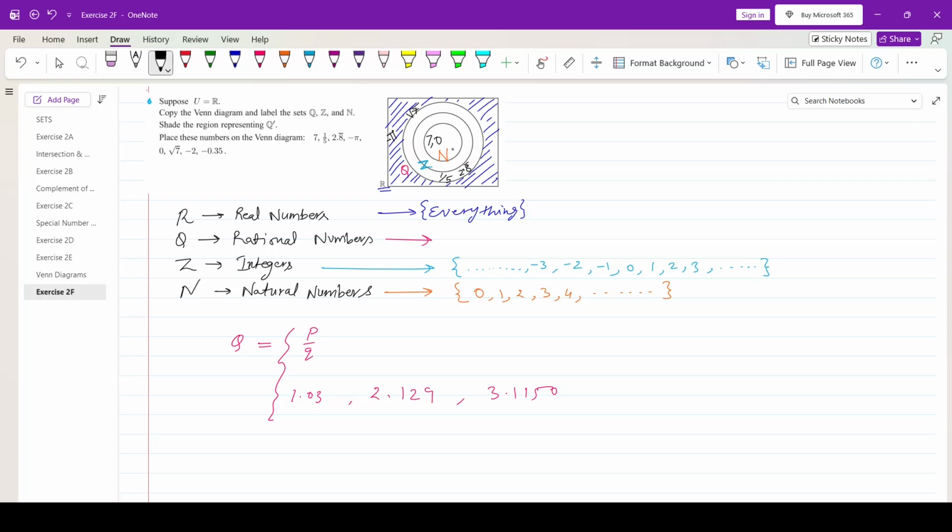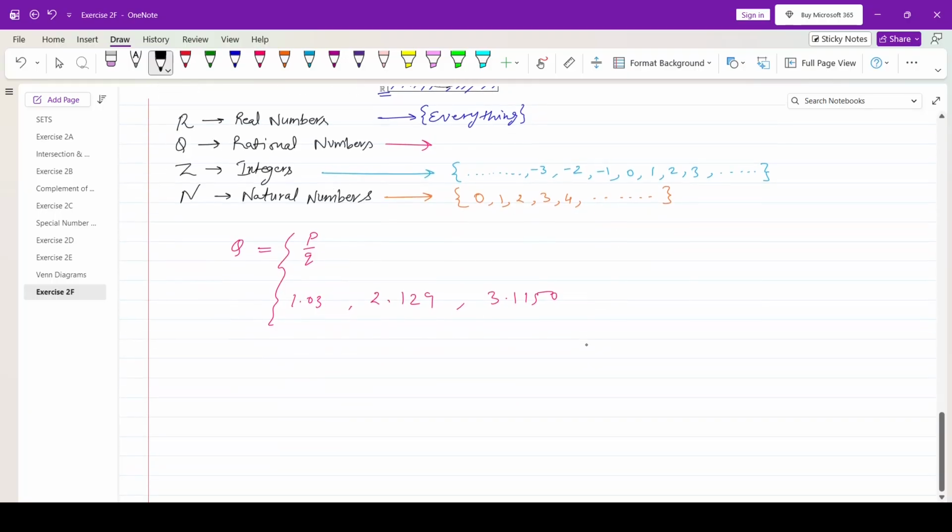Negative 2. Negative 2, we know it's not a natural number, so it will come here. Negative 0.35. This is a rational number, so it will come inside Q. Let's move on to the next question.